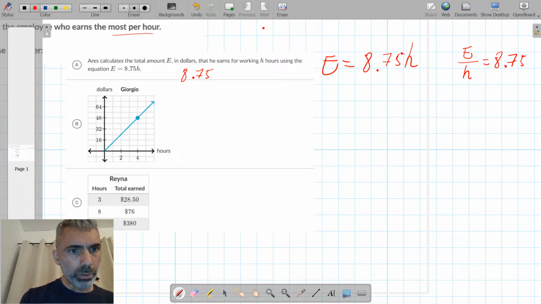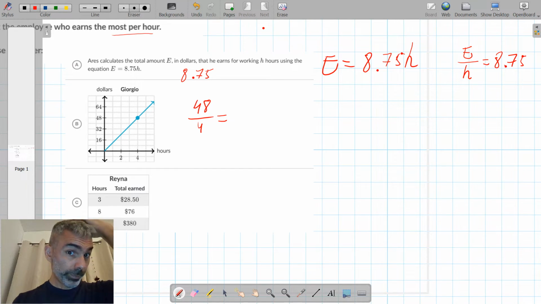Now Giorgio, 48 for 4 hours, so 48 divided by 4 gives us the hourly rate, the amount of dollars he makes per hour, so this is 12.